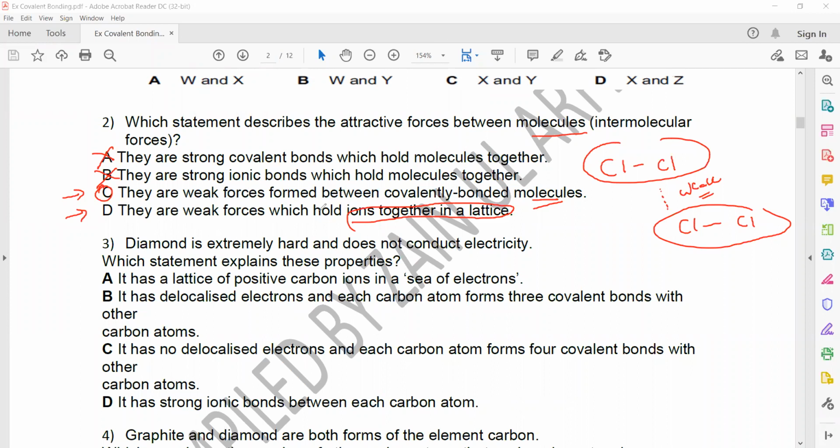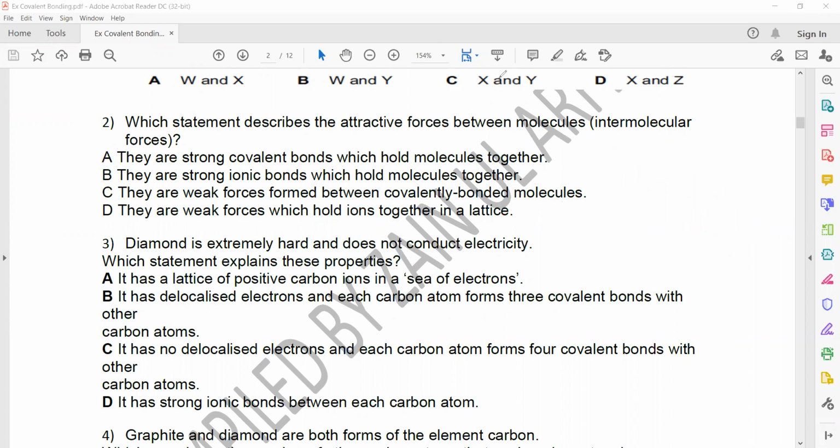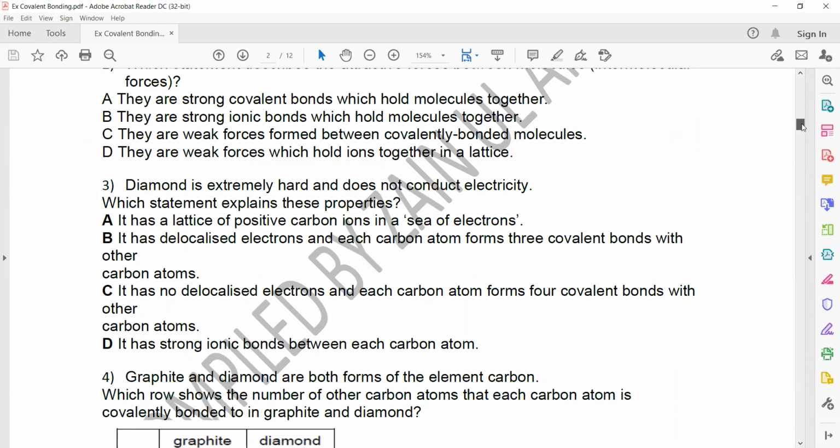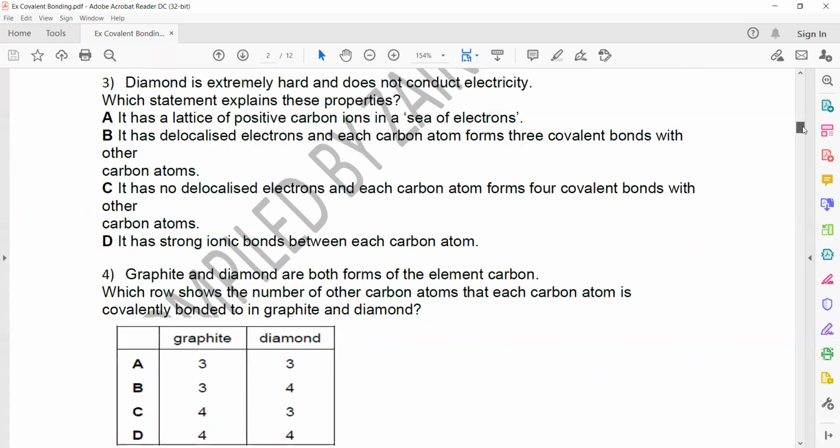D is for ionic compounds, which have a strong force and have ions. But for C, simple covalent substances have molecules with a weak force between them. That's why they have a low melting and boiling point.